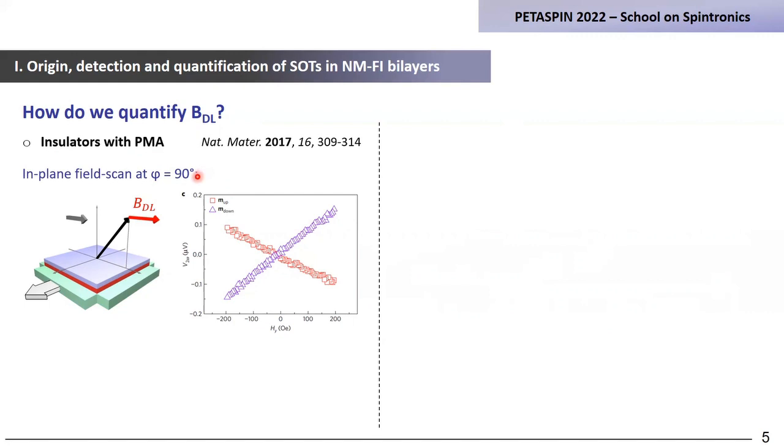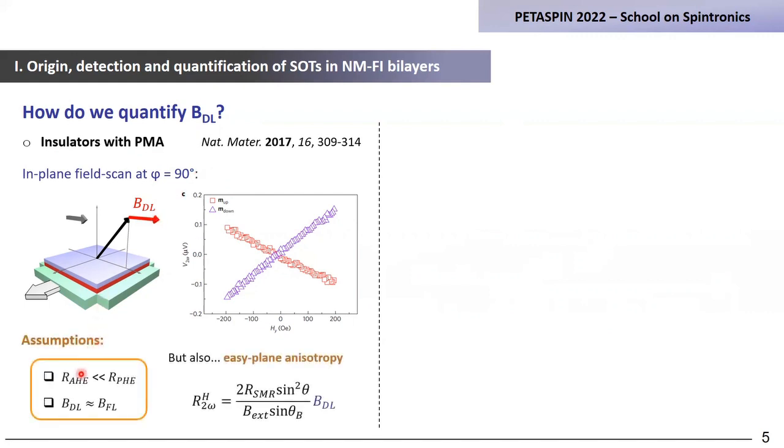In this geometry, if we assume that the anomalous Hall coefficient is much smaller than the planar Hall coefficient, and also that the damping-like torque is approximately equal to the field-like torque, then we can plot the second harmonic data as a function of this reduced variable and then fit the data to a straight line. From this slope, then we can estimate the effective field associated to the damping-like torque.